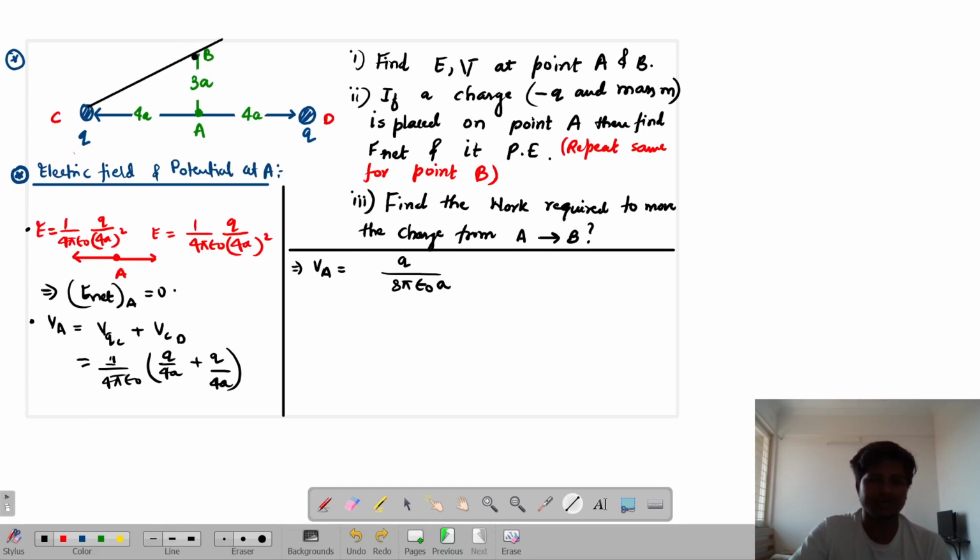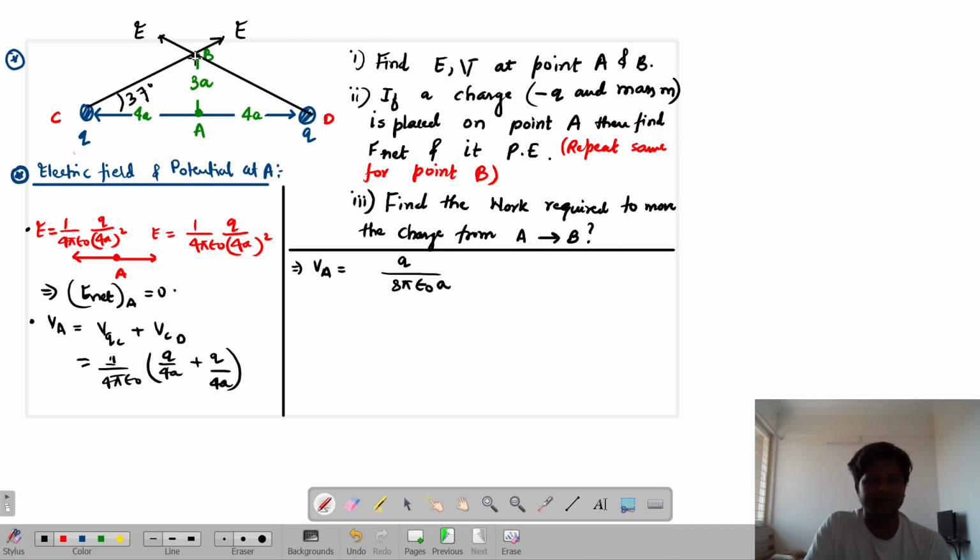Due to C it will be in upward direction, and due to D also, it will be in which direction? Upward direction. These are my two electric fields. Now you see that this is 4 and this is 3. So this angle is 37 degrees or not?